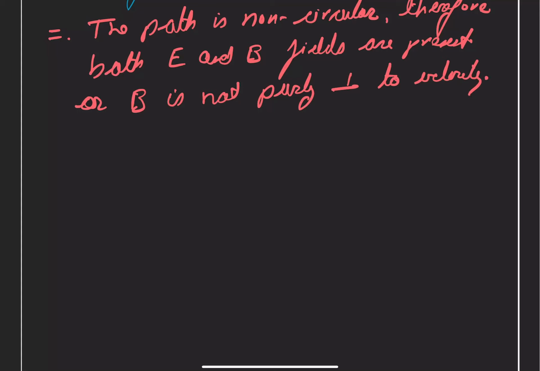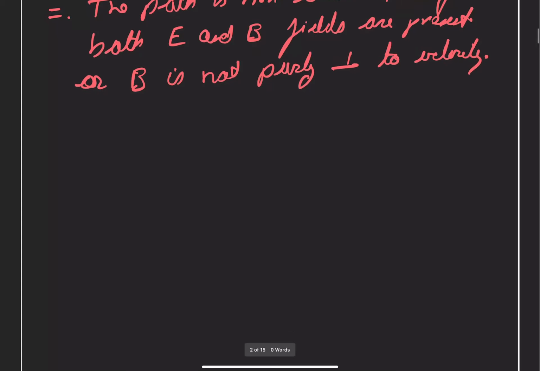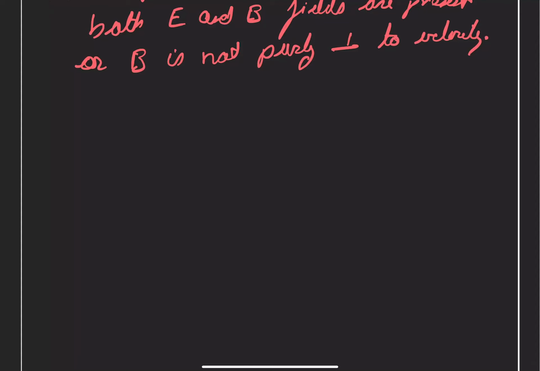And for the force analysis we are going to use the Lorentz equation. So that is a pretty standard equation. For force analysis, F is equal to Q(E plus V cross B).